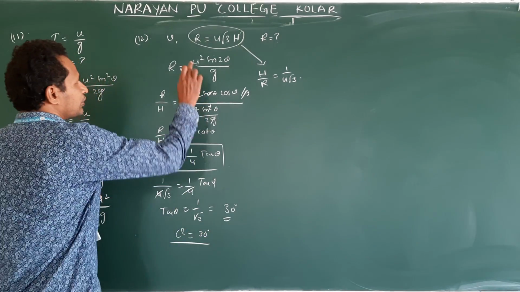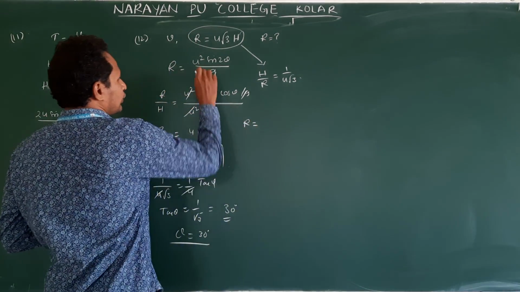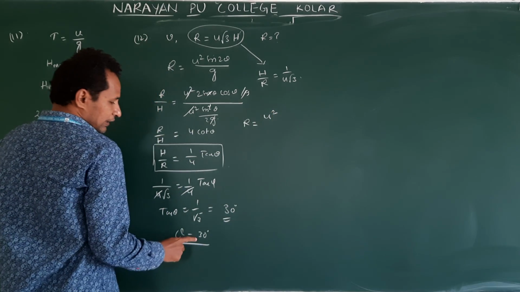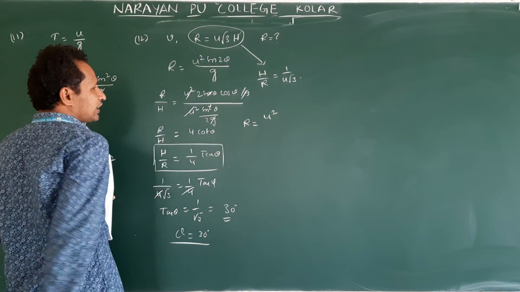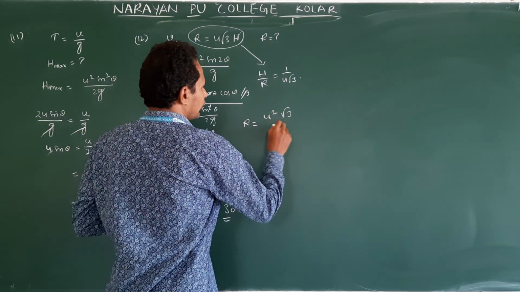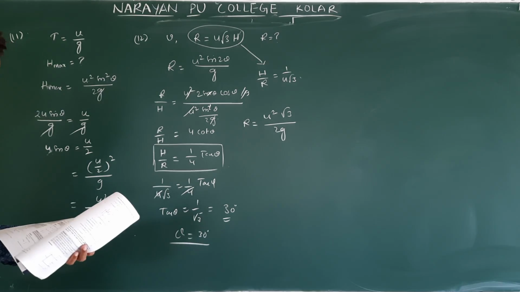Now we got theta as 30 degrees. Substitute this 30 degrees in the range formula. What will we get? u square, theta is 30, so 2 theta is 60. Sin 60 is root 3 by 2. So the answer is u square root 3 by 2g.